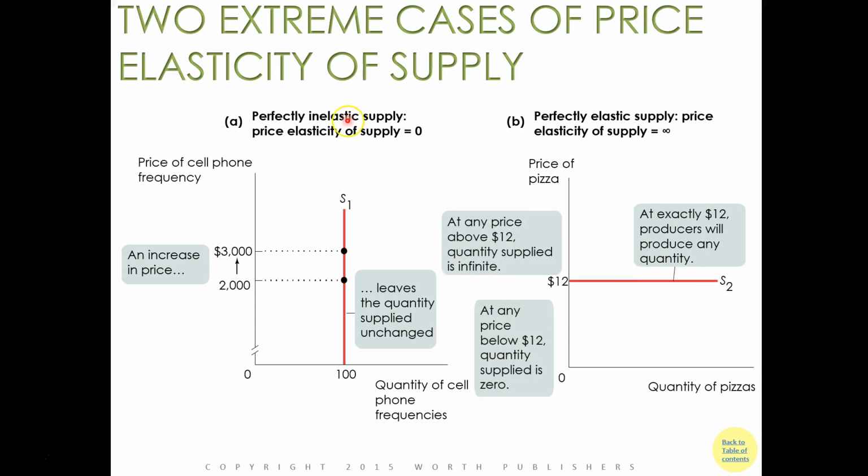At any price above $12, quantity supplied is infinite. If I'm a supplier, and you're going to pay me $12, I'll produce 0 to infinity. If you give me more, that's definitely the case. But any price below that, I just can't do it. I won't do it.